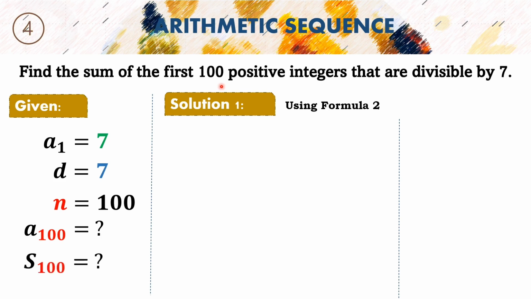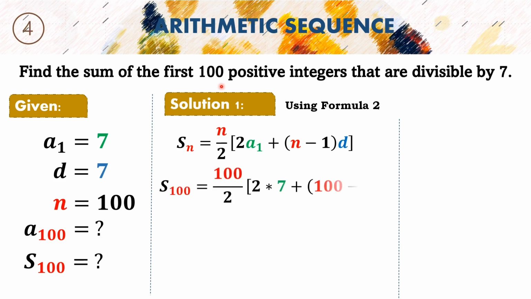S of n equals n over 2, quantity 2 times a plus n minus 1 times d. Substituting the given, we have S of 100 equals 100 over 2, quantity 2 times 7 plus 100 minus 1 times 7. Simplifying, we have 100 over 2 is 50, 2 times 7 is 14, 100 minus 1, 99 times 7.